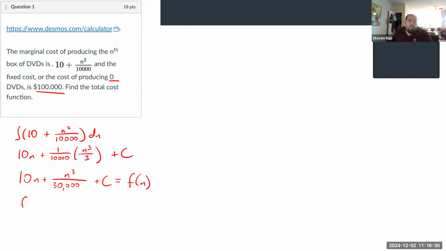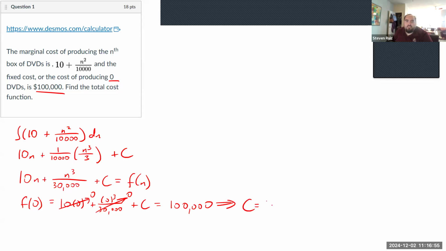So I know that f of 0 is going to be equal to 10 times 0 plus 0 cubed over 30,000 plus C, that's equal to 100,000. All of these terms except for C go to 0. So that means that C is equal to 100,000.